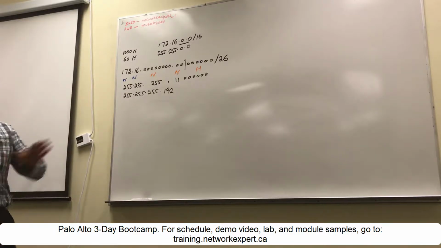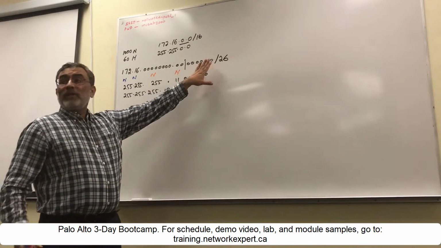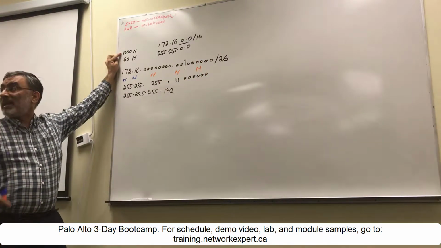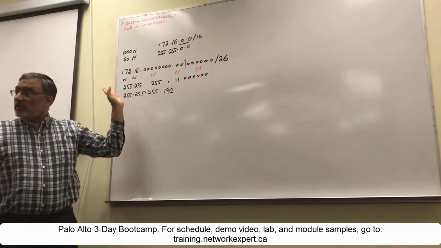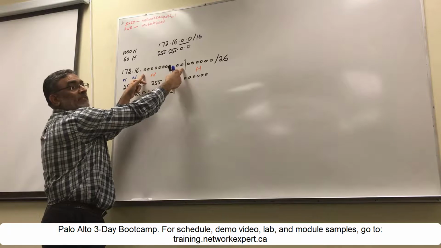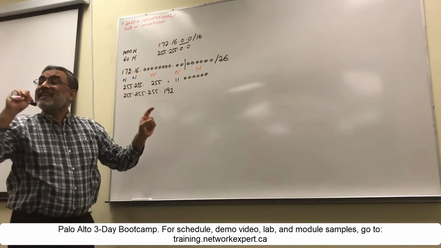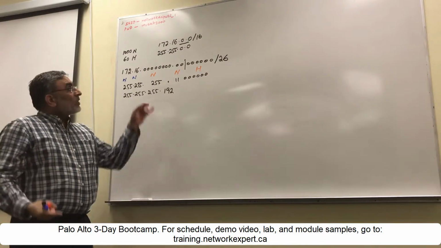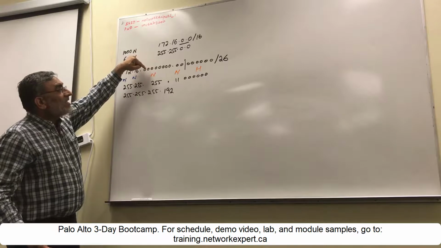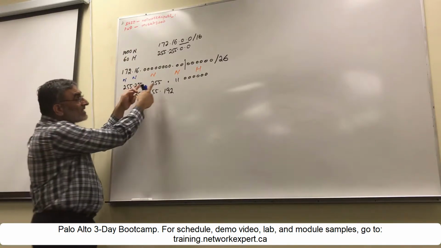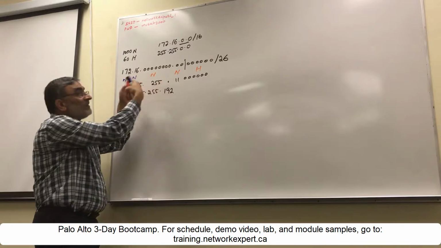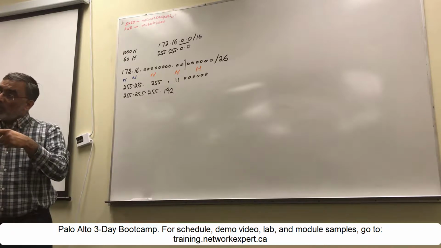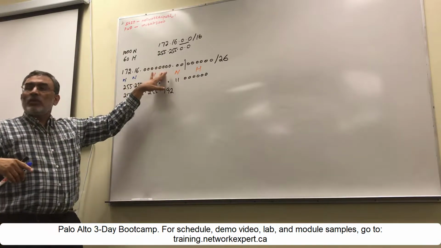Now, a very important concept: we will calculate 1024 subnets by playing around with these 10 bits, but the subnet mask will stay the same, /26. Why? Because as long as we make any change here, computers know this is the network portion and that the network address has changed.